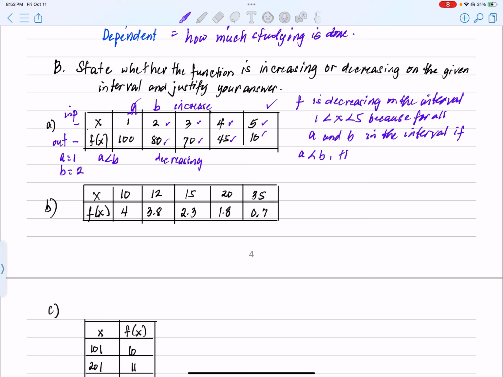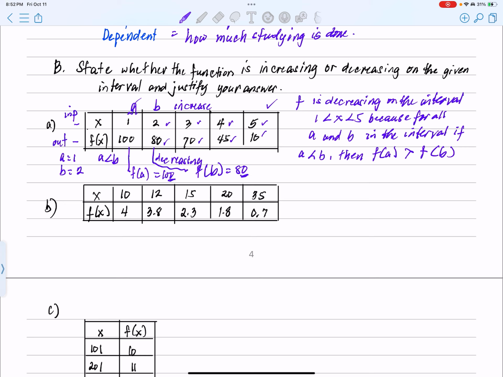So what happened is that the function of a is greater than the function of b. What is our function of a? 100, right? f of a is 100. What is our function of b? Our function of b is 80. Isn't it 100 is greater than 80?